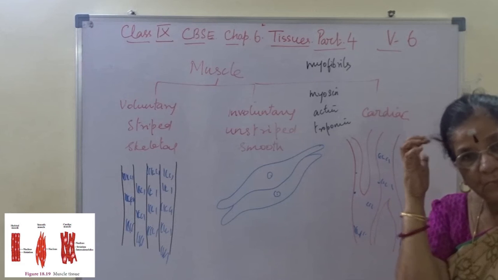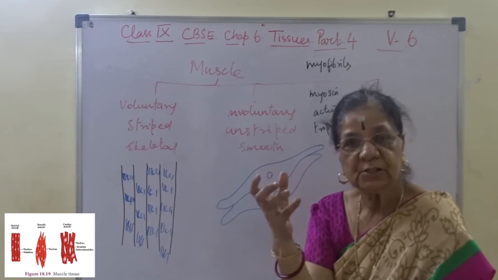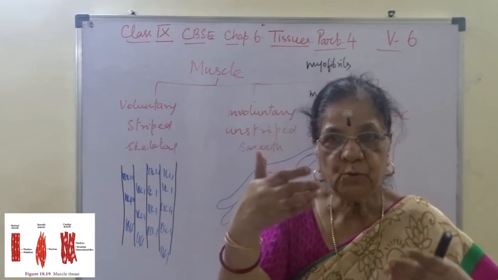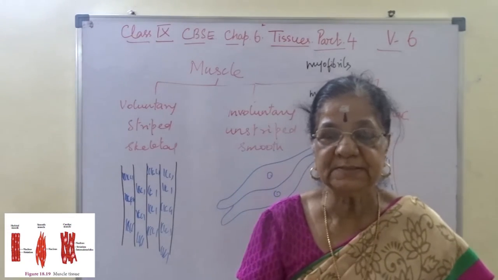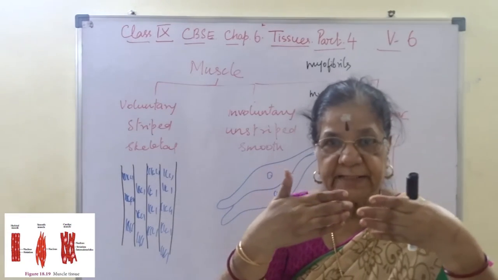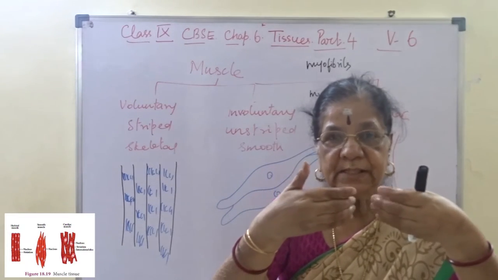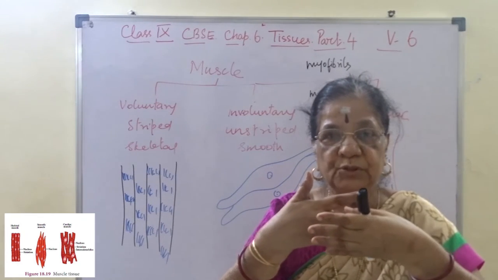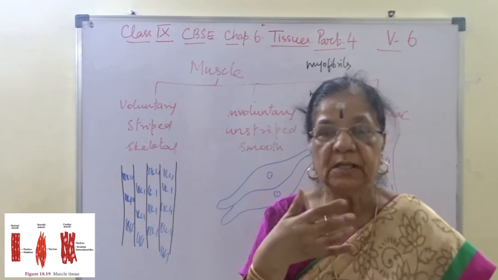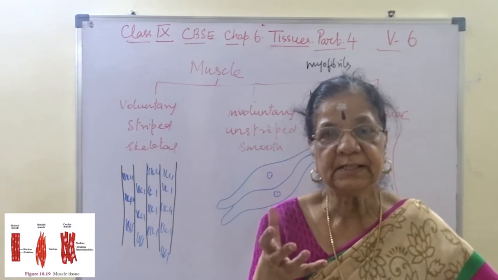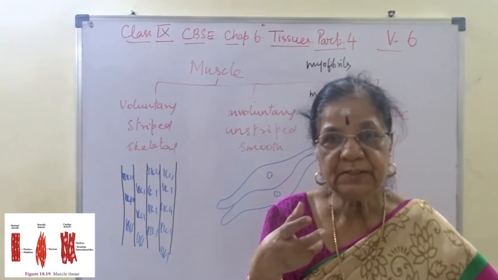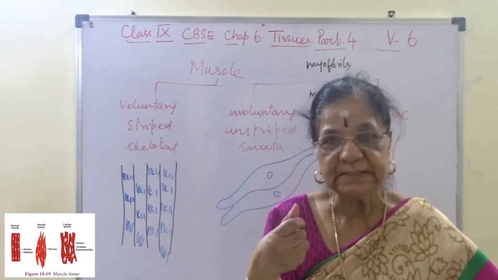This muscle protein contracts and relaxes. By that, the movement of muscle fibers occurs by a sliding mechanism. When they contract, they move forward. When they relax, they move to the next position. So by contraction and relaxation, it gives strength and flexibility.